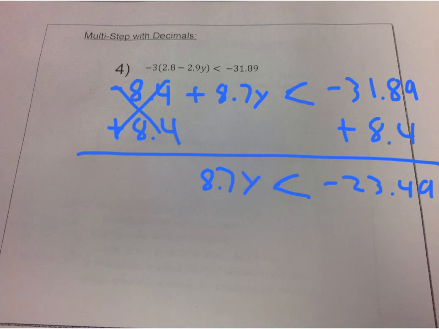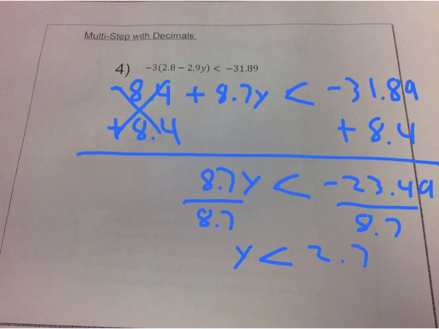Okay, I'm going to divide to get rid of this multiplication between these two. So divide by 8.7 and divide by 8.7, and y is less than negative 23.49 divided by 8.7, which should give you 2.7. And just be very careful.